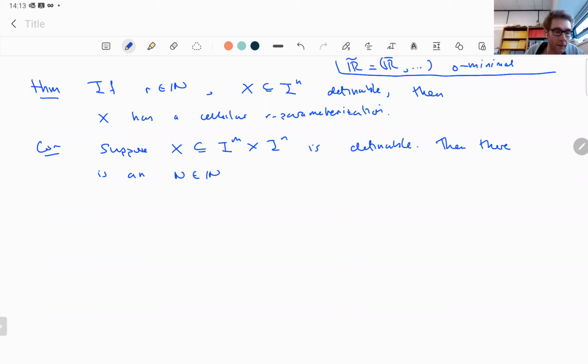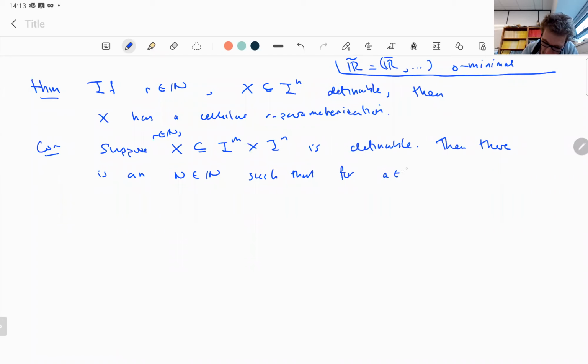Then there's an n such that for each parameter, the fiber over that parameter has an R parameterization by at most n maps.